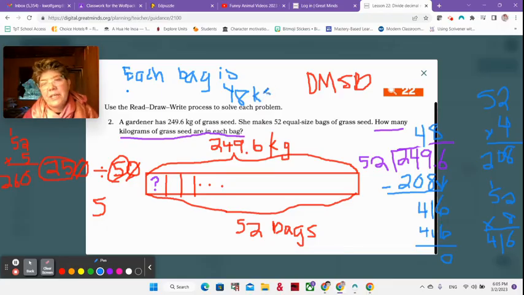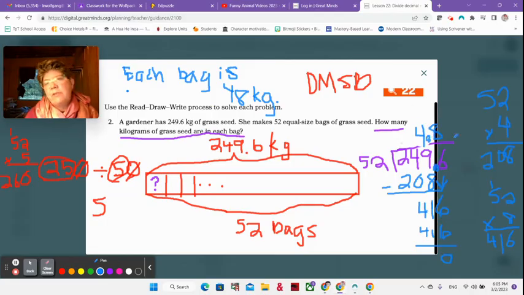Let's double check it, right? We started with 249 and 6/10, and we divided it into 52 parts. So here's our decimal, right? And when we divide, our decimal goes straight up.